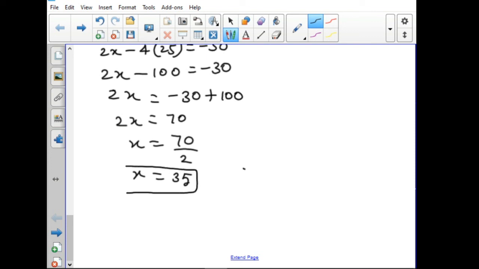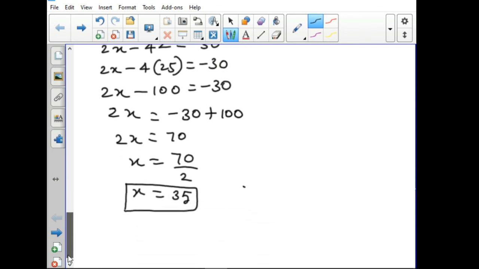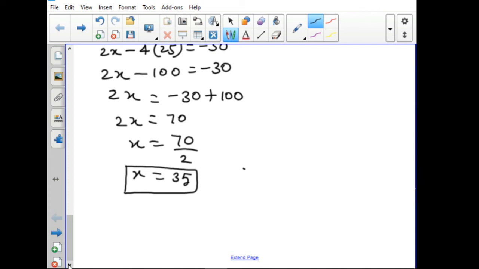Okay. Now we have got the x value also. The remaining value is y. Now we have x and z, and we want to get the y value. So we have to substitute x equal to 35 in equation 1.